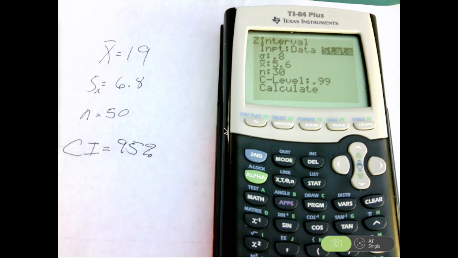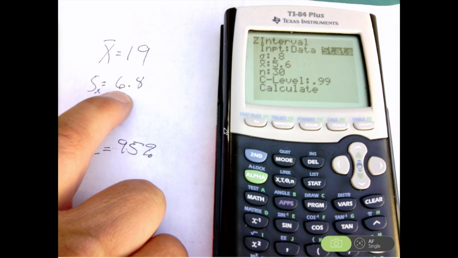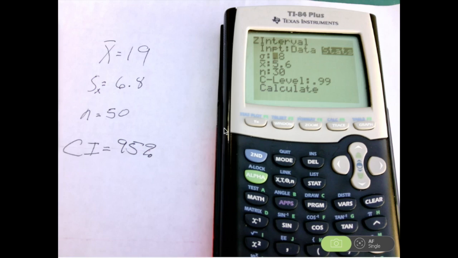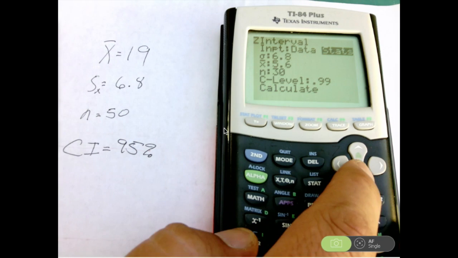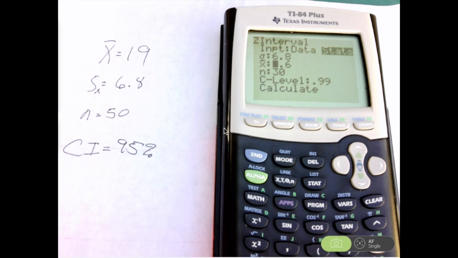So first it's asking me for the population standard deviation. Again, I don't know that, but since my sample is 50, we're going to go ahead and act like this is my population deviation. So as you see in my example, my sample deviation was 6.8, so I'm going to enter that. And then arrow down, my sample mean was 19.